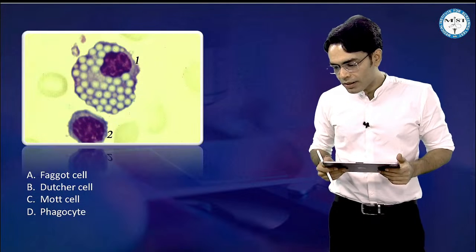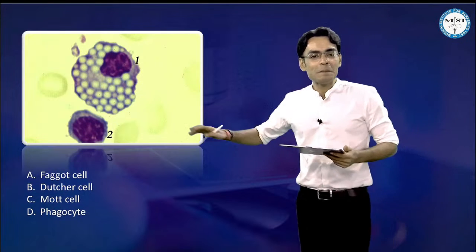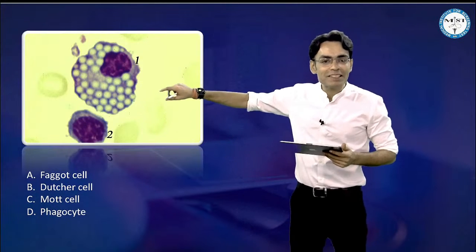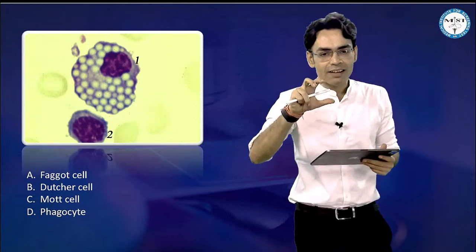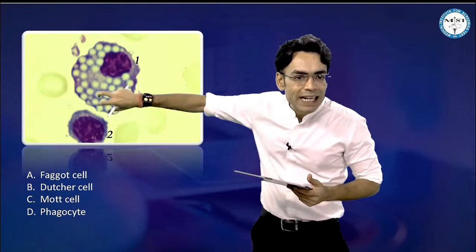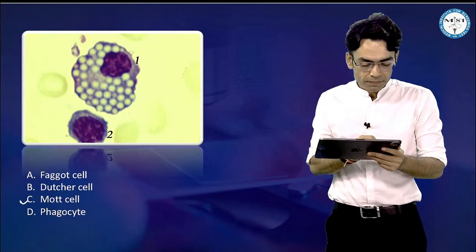Very good. Wow. Amazing. These are your Mott cells. This is a plasma cell. Can you see one side pushed nucleus, eccentric cell? This is your Mott cell. This is a plasma cell which is containing this M protein deposition as a vacuole inside. This is your Mott cell.